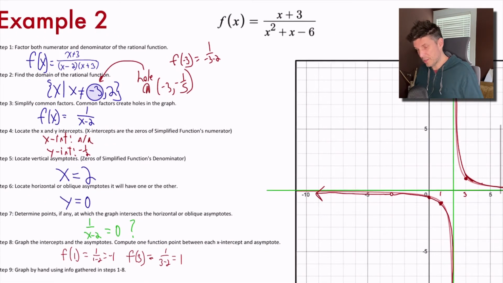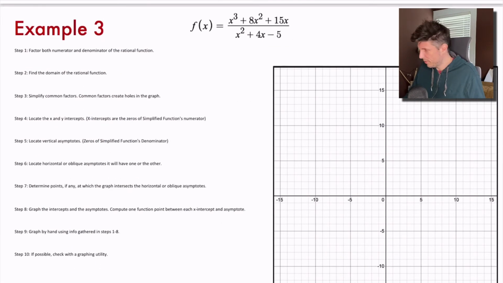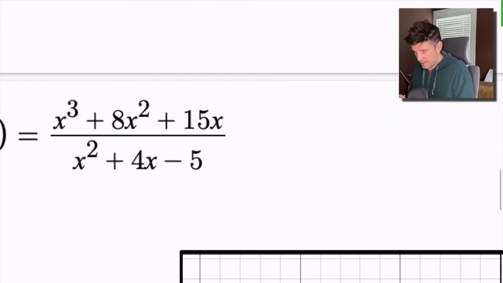I'm going to do the same thing with the next problem. So actually, speaking of the next problem, let's just finish this up. One more. All right. Factor numerator and denominator, and let's get rolling.